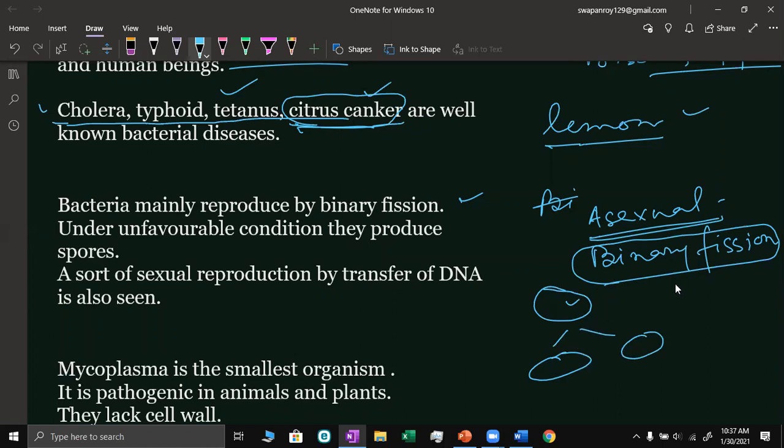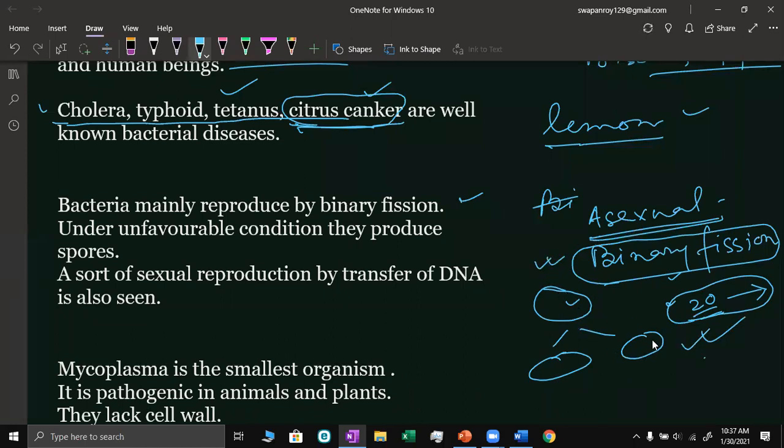This is the binary fission. And this fission time is very fast. In 20 minutes their reproduction cycles can run, so they can multiply very fast. This is very common.